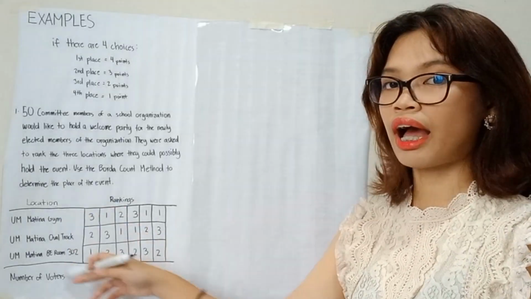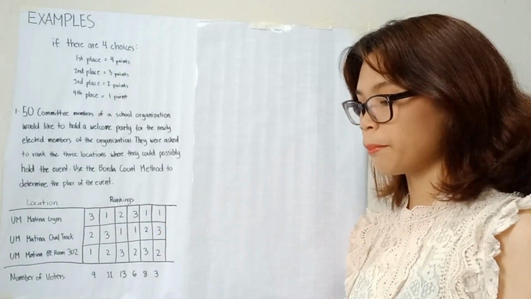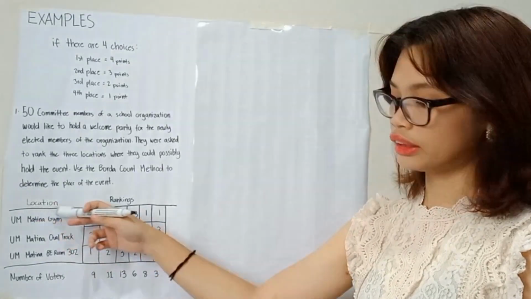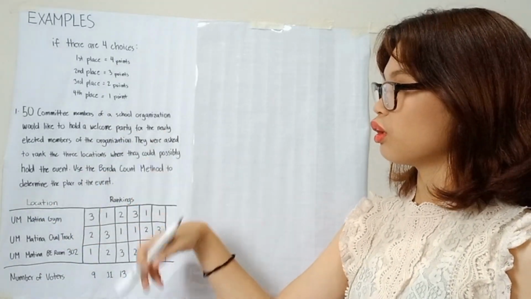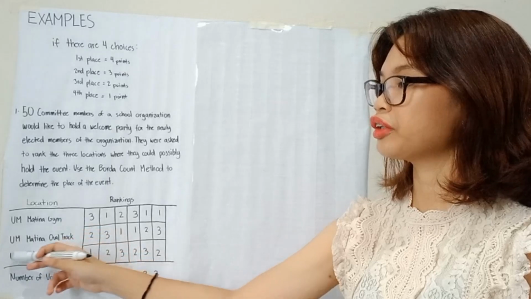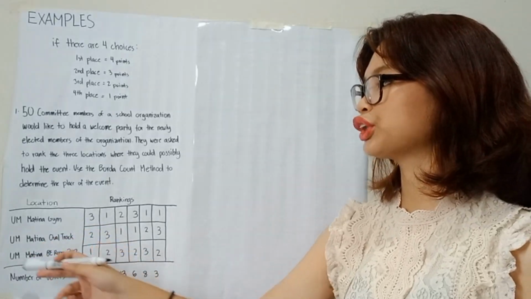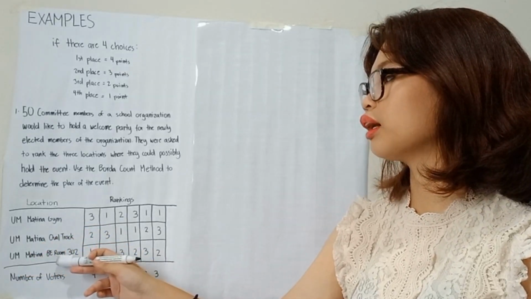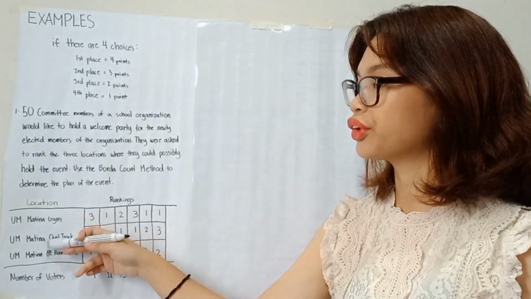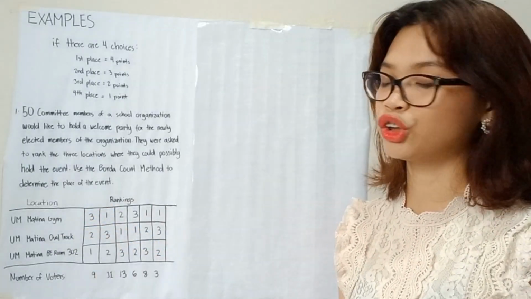Here we have the table below. It includes the locations of the event: Matina Gym, Matina Oval Track, and Matina BE Room 302. These are the candidates, so we have 3 candidates for this election.